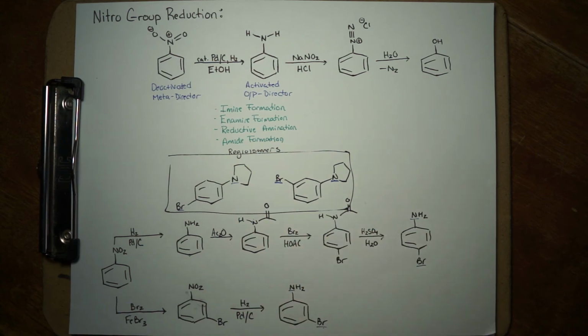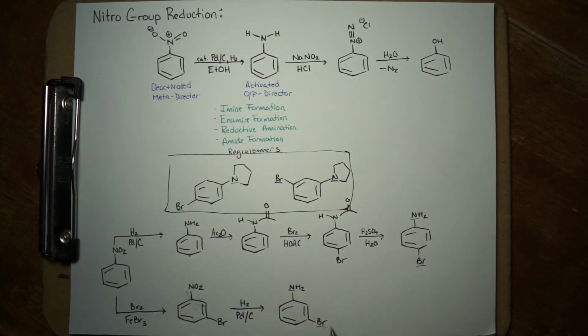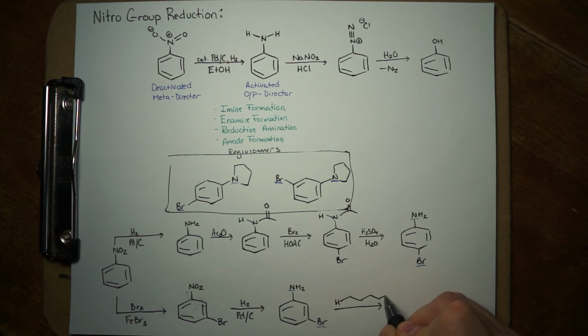Now, the second part of the synthesis is going to be installing this 4-carbon alkyl group onto the nitrogen. And the way that we're going to do that is we're going to take a dialdehyde, a 4-carbon dialdehyde, so 1, 2, 3, 4, the amine and sodium cyanoborohydride.